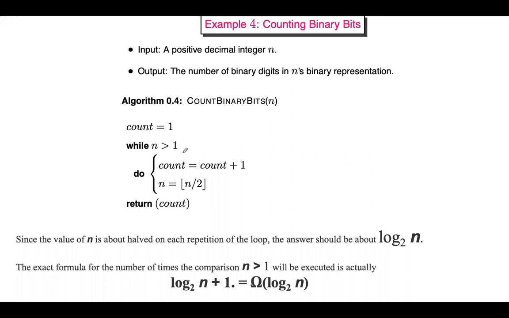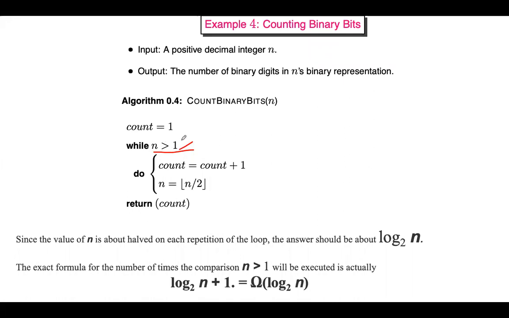N greater than 1. See, in this case, we are going to consider n greater than 1 as the basic operation. Why? Because whether the while condition becomes true or false, this statement will be executed.